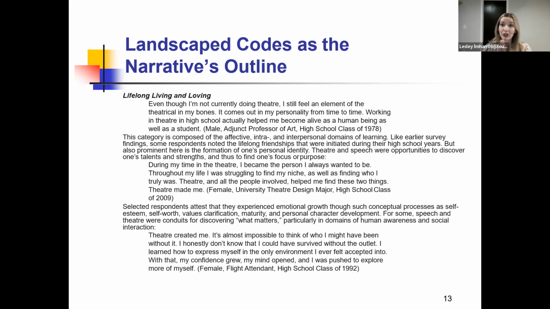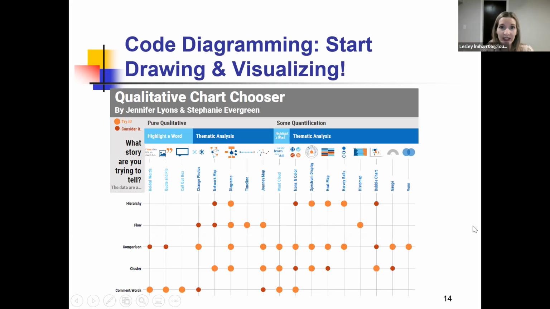We are then going to try to define what that theme means in the viewpoint of your participants. Then we're going to ground it in data with your participants' very words. What exemplar quotes can we link to this code or this theme and its definition? Just another way to think about this.